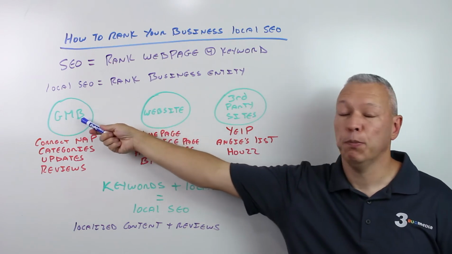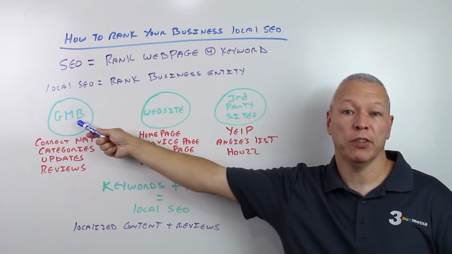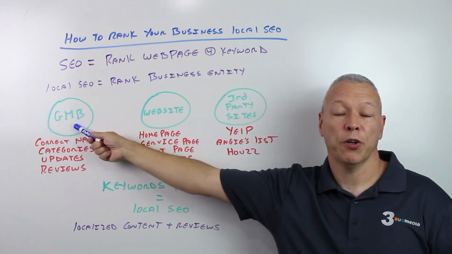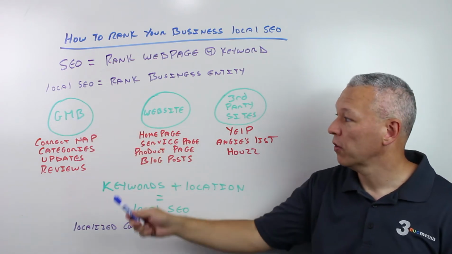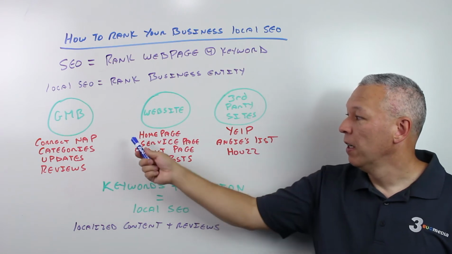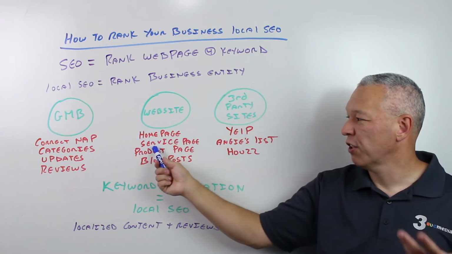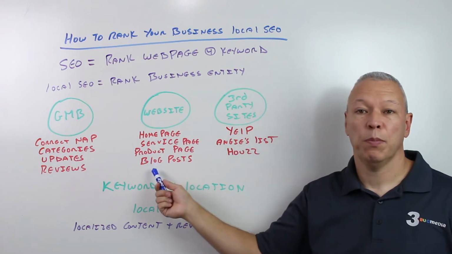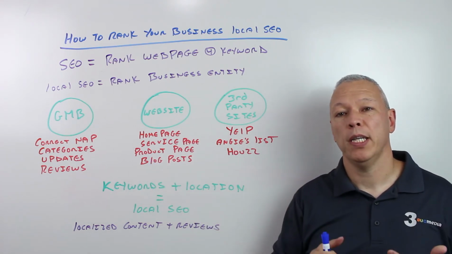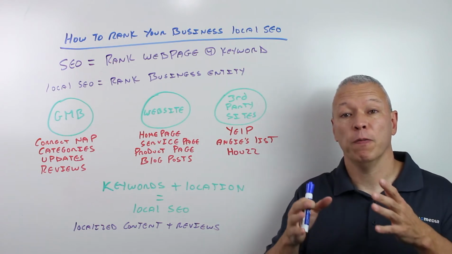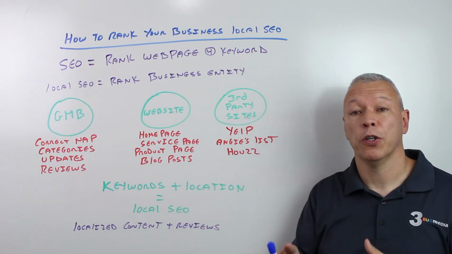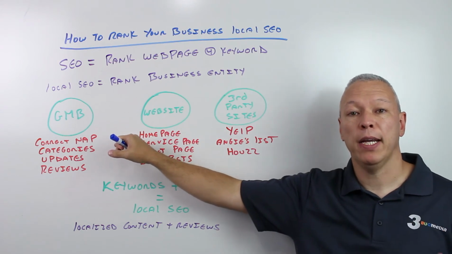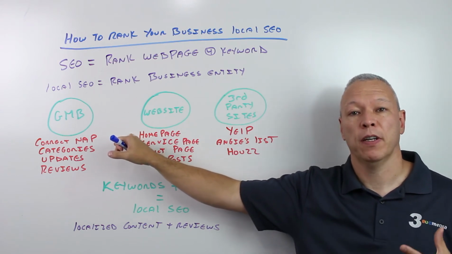Your website also plays a role in your Google My Business listing. The strength of your website does have an impact on it. When we're dealing with your website, we're talking about your homepage, your service pages or product pages if you sell products, as well as blog posts. You want to understand what keywords you're trying to rank for in your city or location, and map out your website so each page is optimized for a specific keyword.